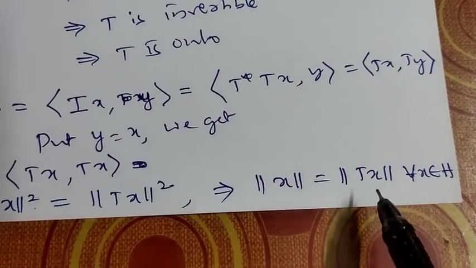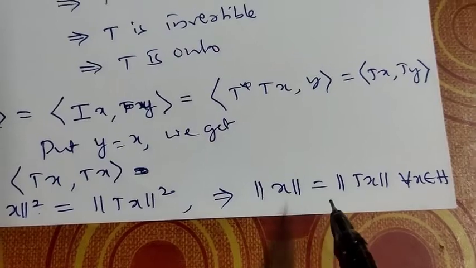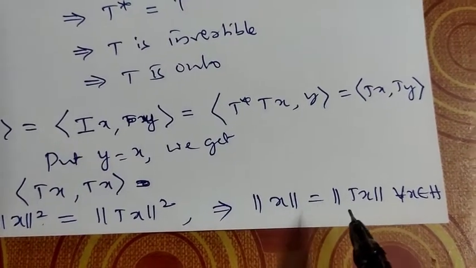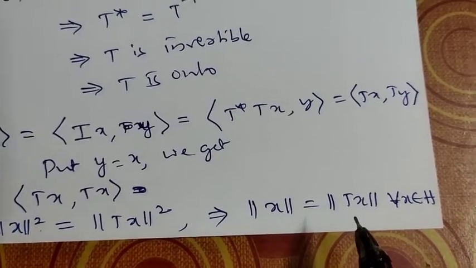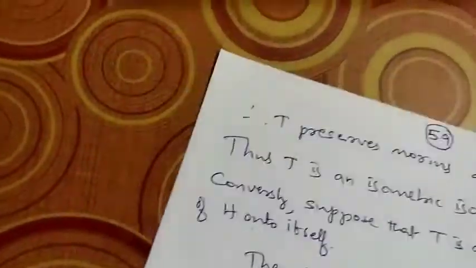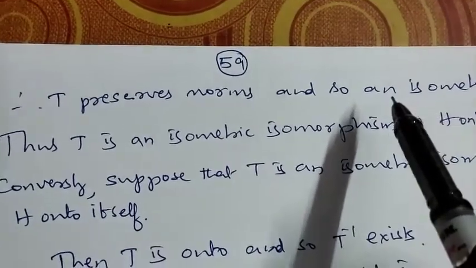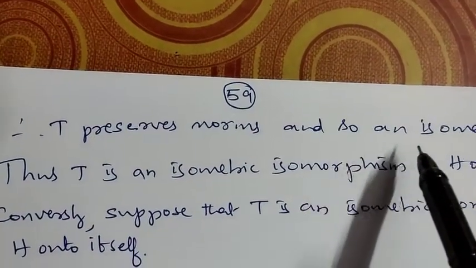Now the norm of T x equal to the norm of x means T preserves norms, and so it is an isometry. Already T is a linear transformation, and now it is an isometry.